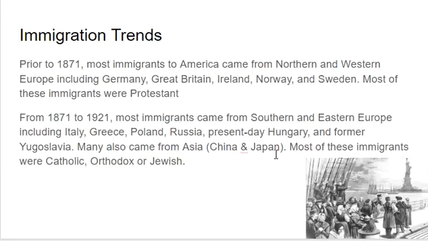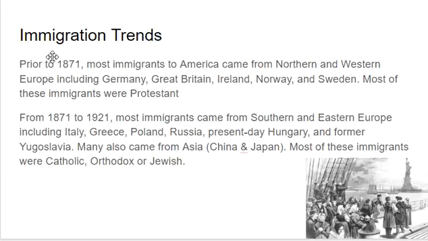And most of the immigrants that came during this time were Catholic, Orthodox, or Jewish. Orthodox is a type of Christianity as well, just like Catholicism. Catholic is a type of Christianity. And this is what most of them were. Not all of them, but most of them from 1871 to 1921 were either Catholic, Orthodox, or Jewish.